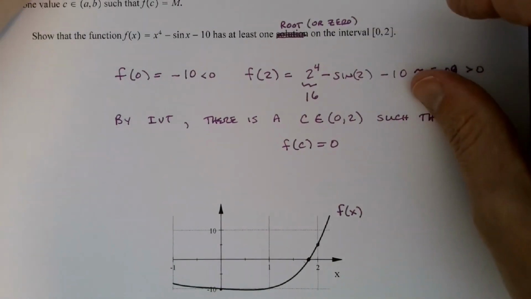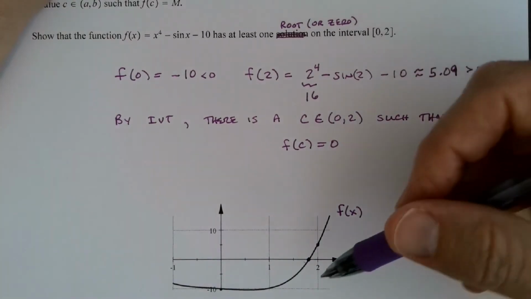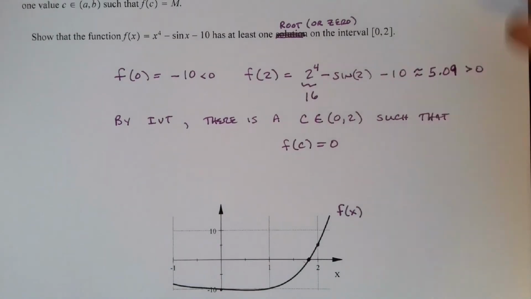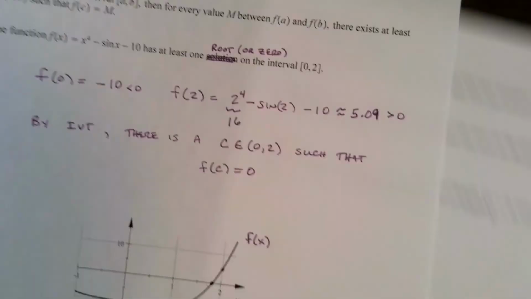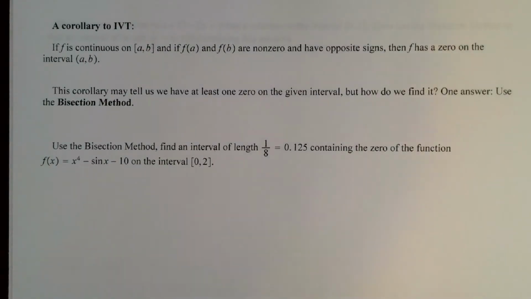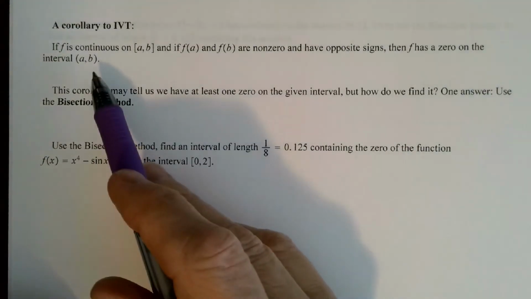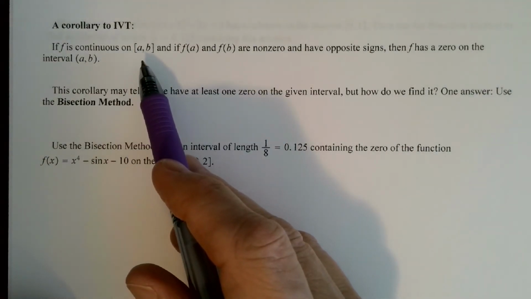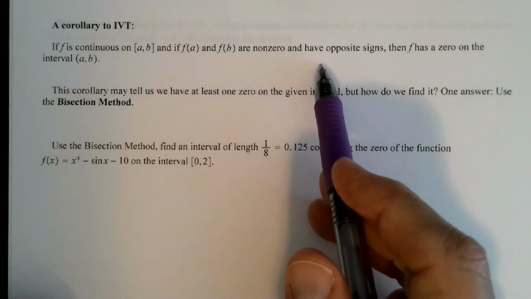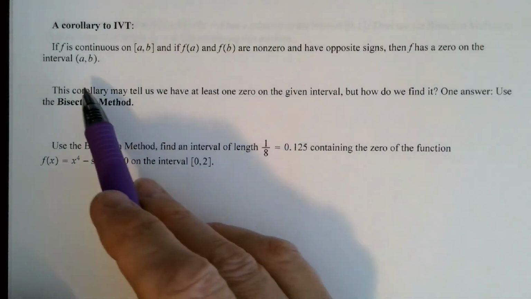Let's look at this. How can we estimate that root a little bit better? First of all, if a function is continuous on the closed interval from a to b, and f of a and f of b are non-zero and have opposite signs, then f has a 0 on that interval.